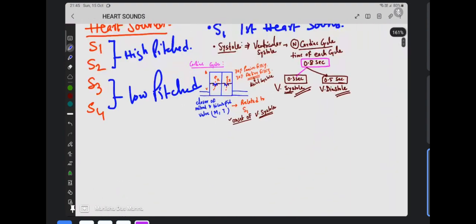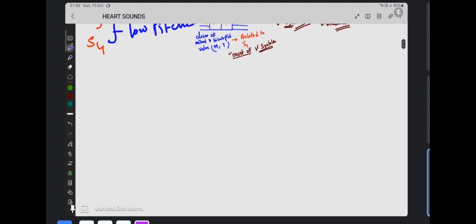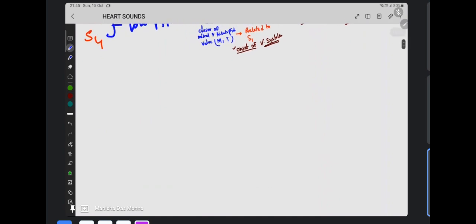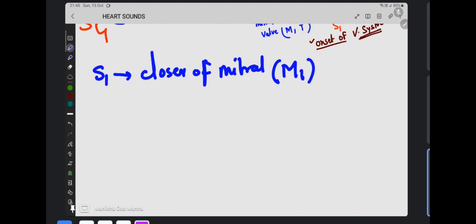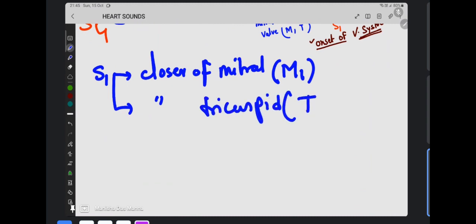Now there are two parts of S1. S1, that is the first heart sound, is due to the closure of the mitral valve, that is M1, and also the closure of the tricuspid valve, that is T1.